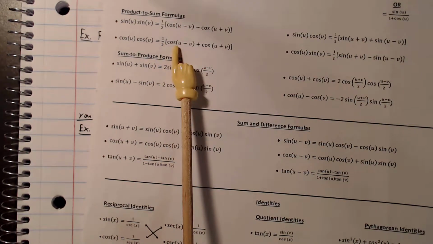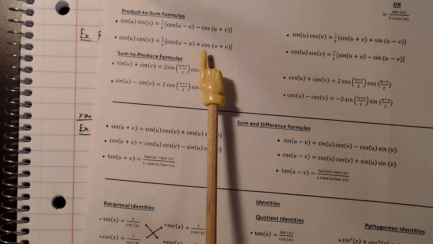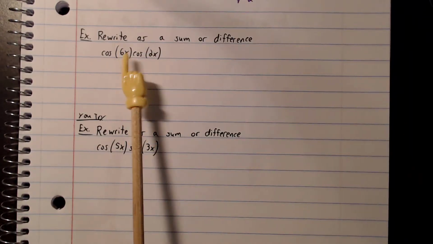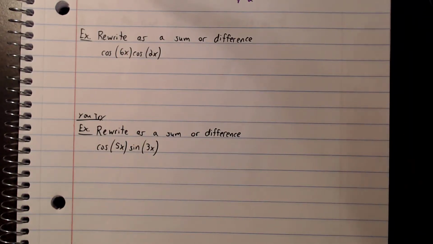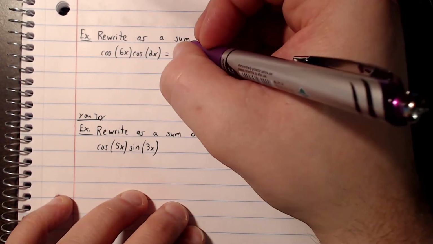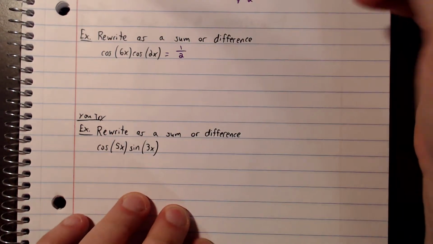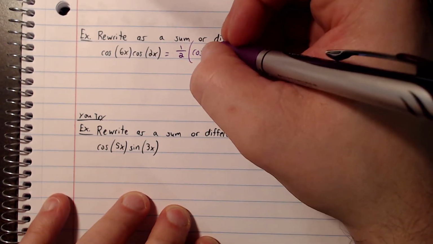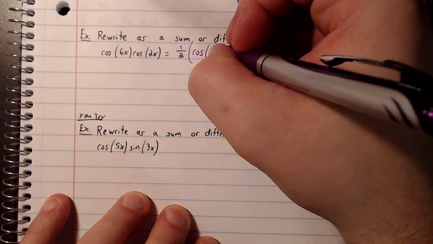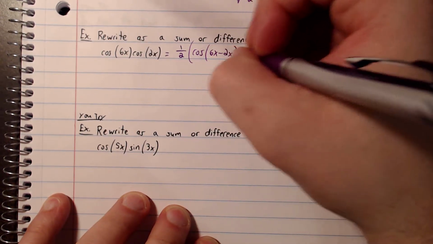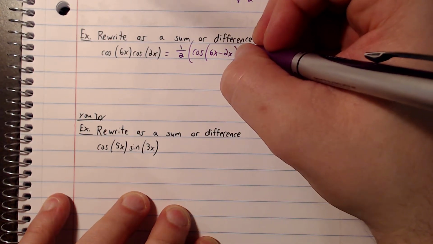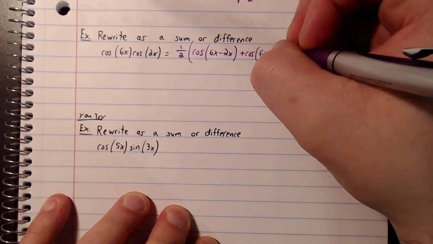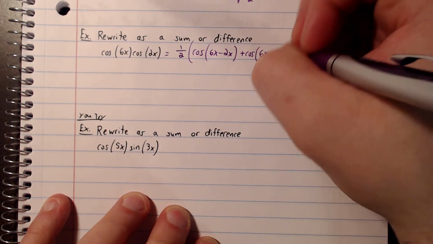It's saying 1/2 cosine of u minus v plus cosine of u plus v. So we already established that these are our u and v values. So all we have to do is just plug in to our formula. Right, 1/2 times cosine of u, which is 6x, minus v, which is 2x, plus cosine of u, again that's 6x, plus v this time, which is 2x.